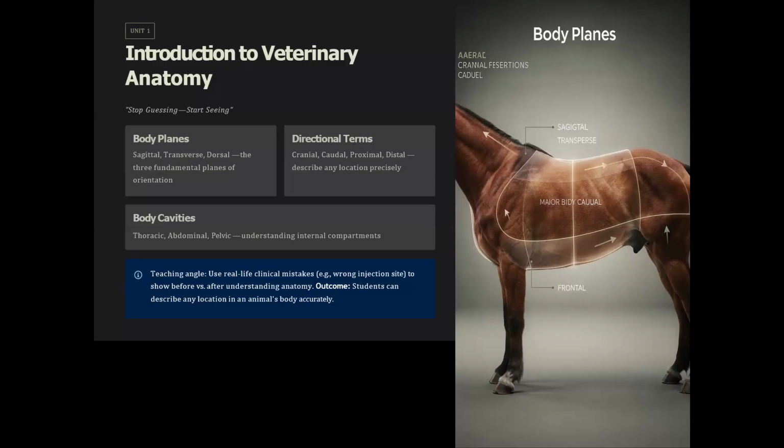Okay. Now for cranial, anything that is going towards the head is the cranial part, called cranial. Okay, they will tell you it's cranially located.